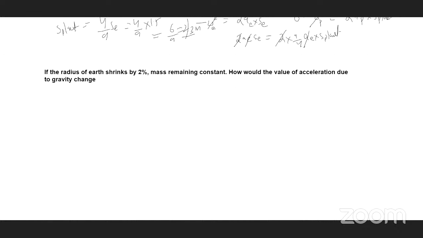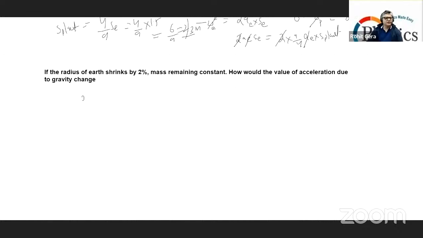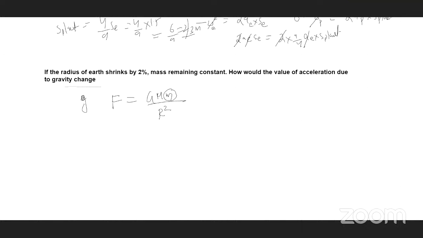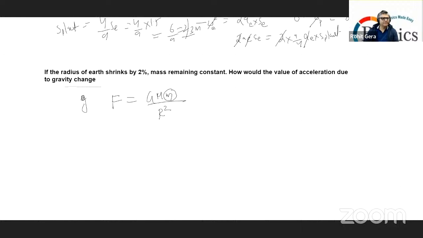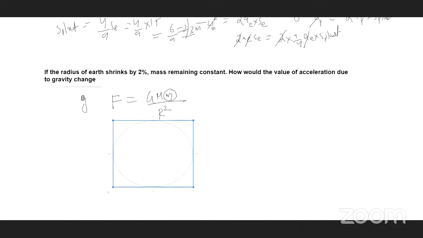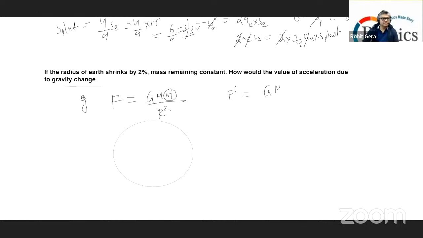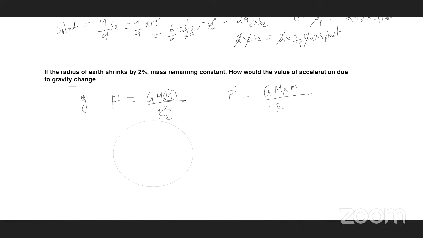So force is given by G Mm by r square. This is a force experienced by a mass m on the surface of the earth. ठीक है ना? Now we have to calculate new force when the mass of earth doesn't change, but the radius shrinks.